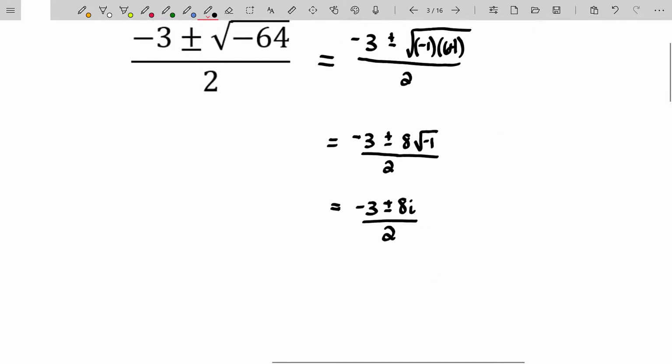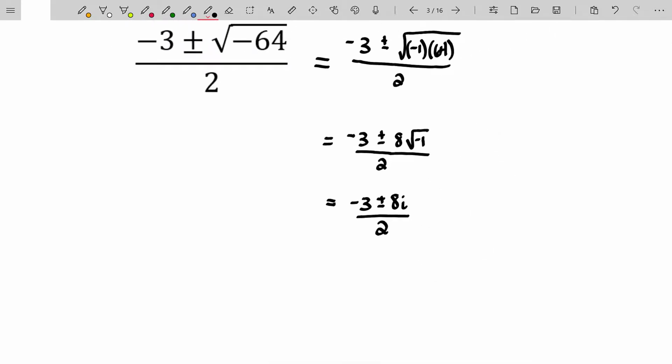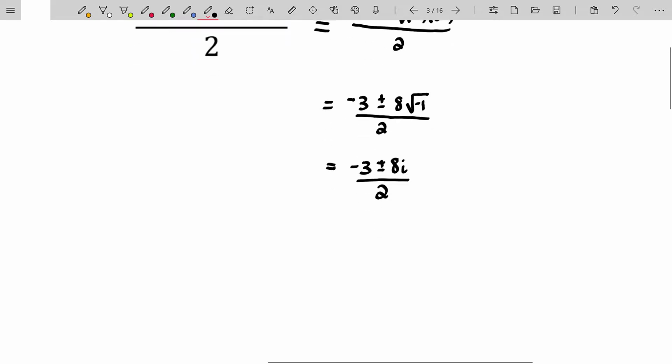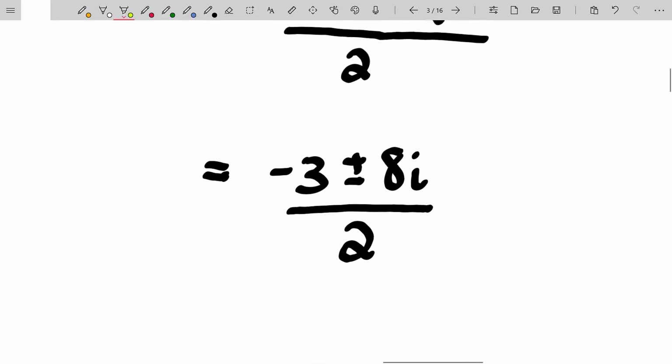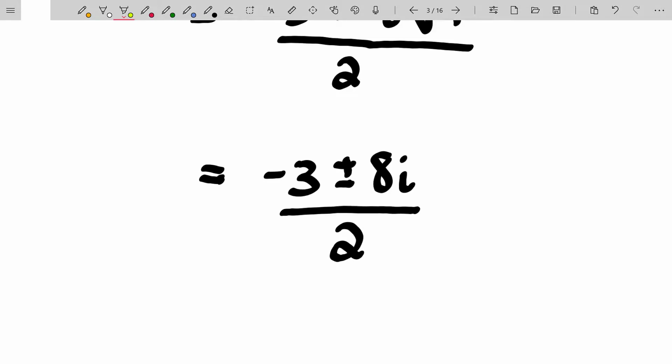However, you will likely be asked to write this in what's called standard form. Standard form of a complex number is a form like this, a plus or minus, in this case, bi. So you do not want to write it as a single statement. You want a real part and an imaginary part. So let's go ahead and break this fraction into a real part and an imaginary part.